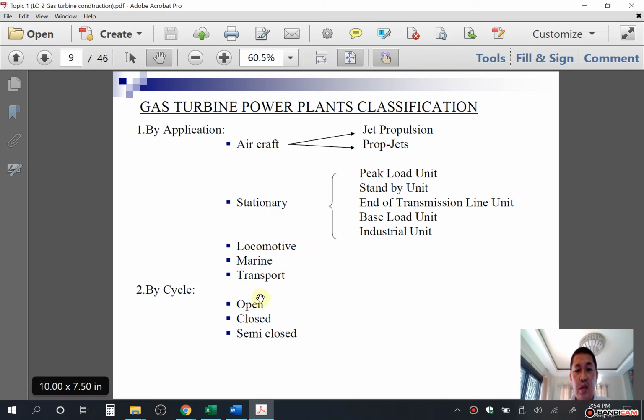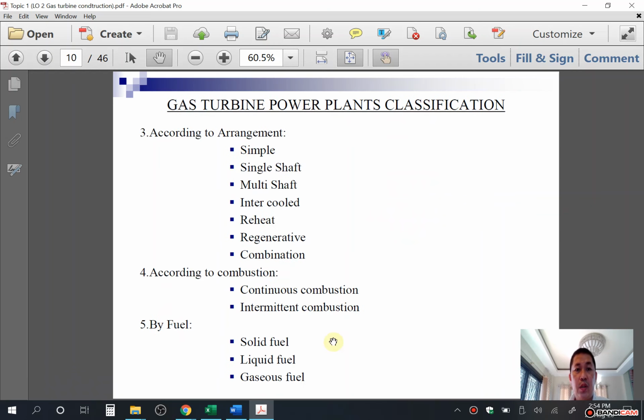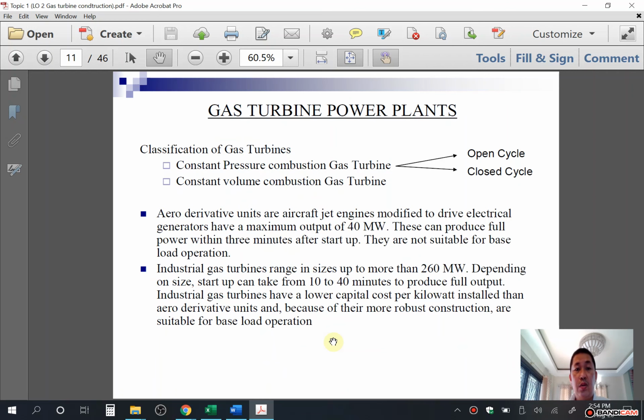By cycle, we have open cycle, closed cycle, and semi-closed cycle. We don't need to discuss this one. Here, gas turbines are classified by constant pressure combustion gas turbine.